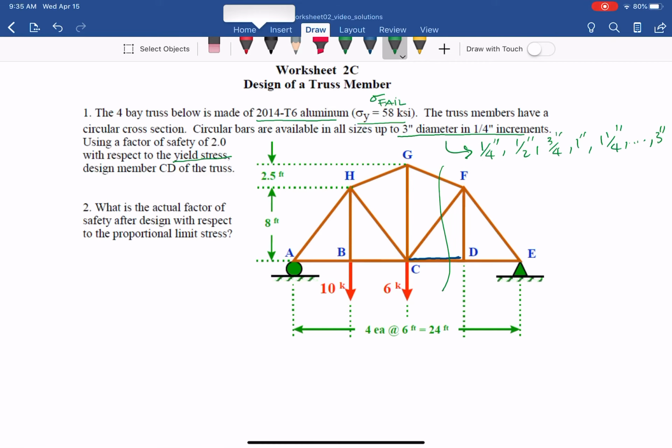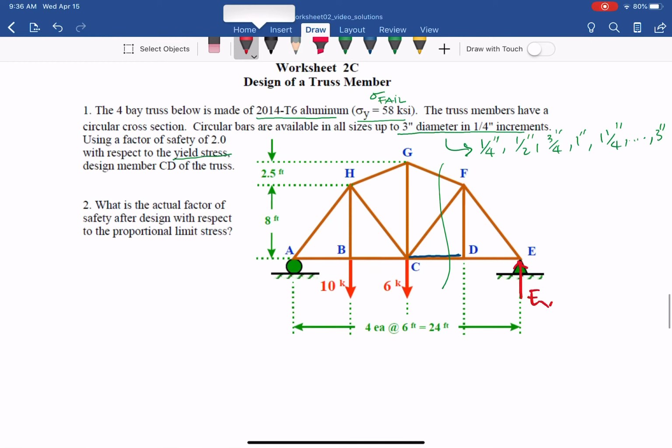From that, we need to find EY, the support reaction Y. This is a pin, so you have EX, but for sure there is only vertical load, so EX equals 0. Otherwise you can sum up all the forces in the X direction, and EX equals 0. And of course this is a roller, so you have AY. With that we design member CD.